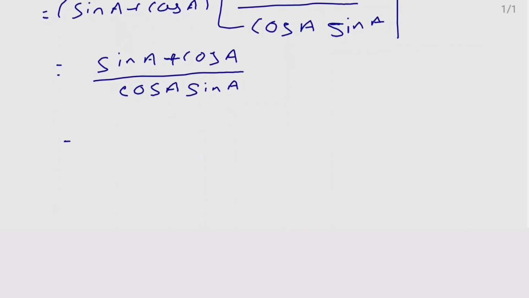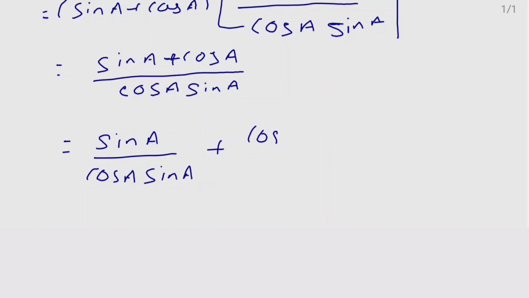So now write it separately. It becomes sin A divided by cos A sin A, and plus cos A divided by cos A into sin A. Now here sin A get cancelled, and here cos A get cancelled.